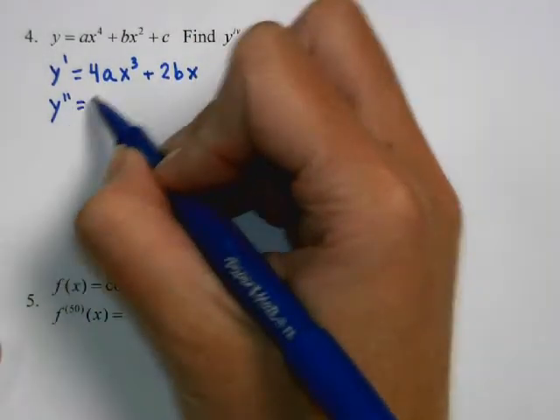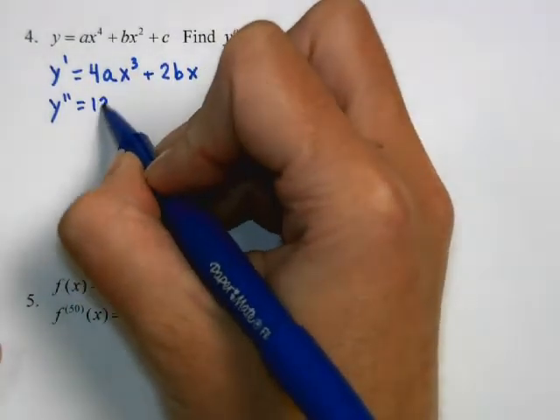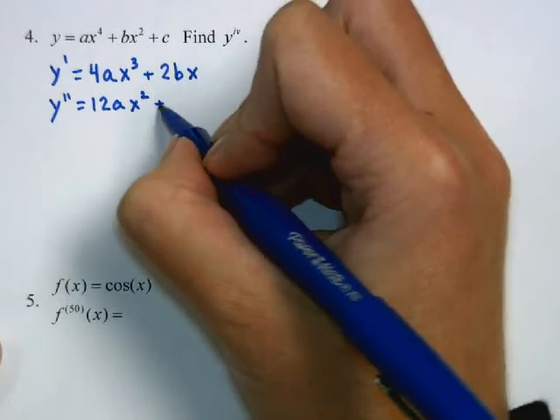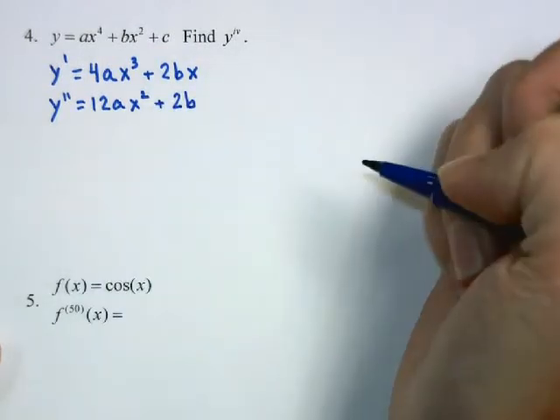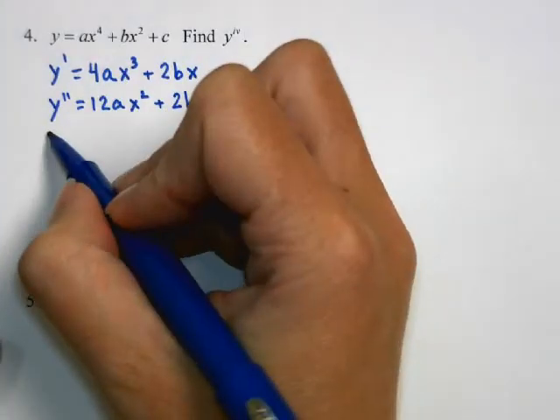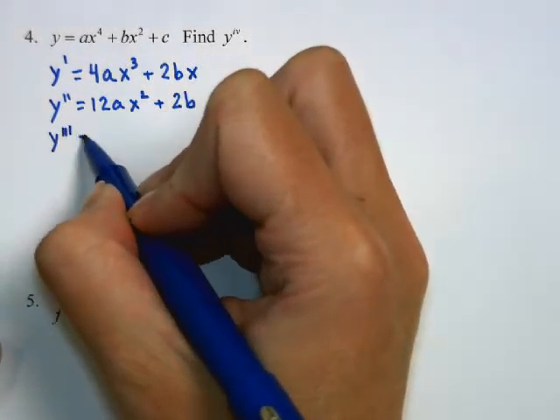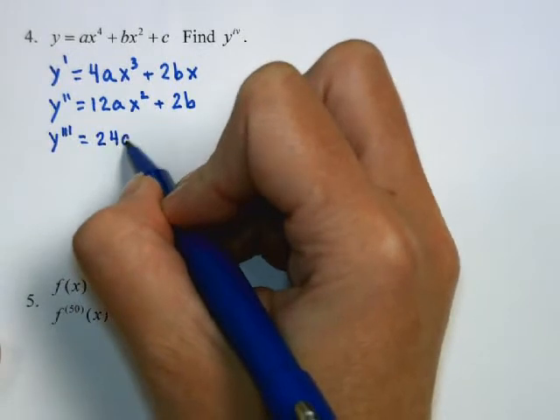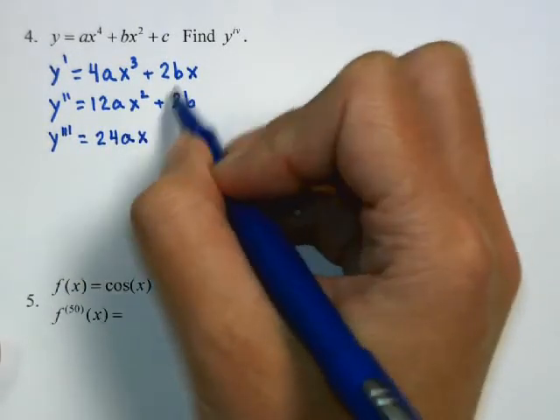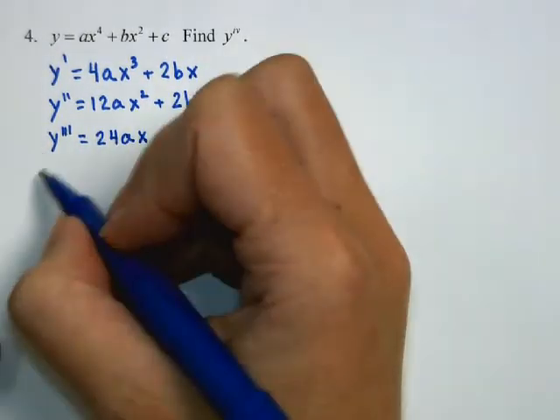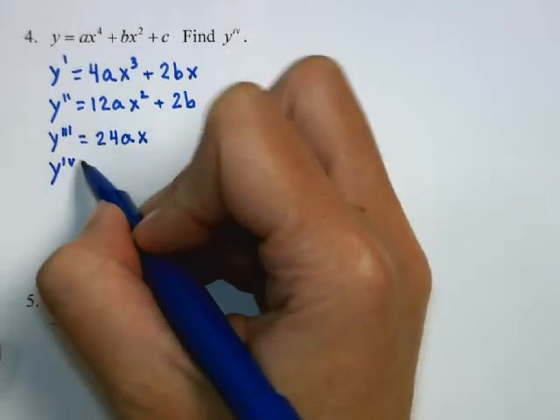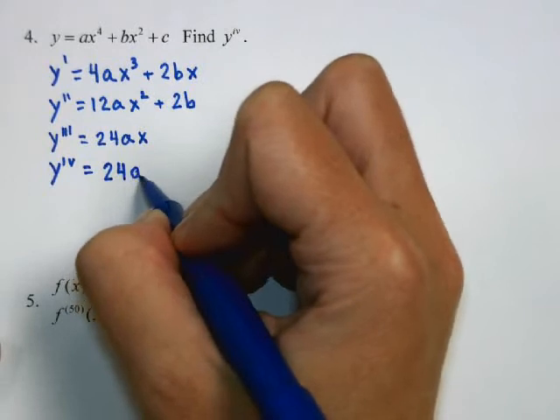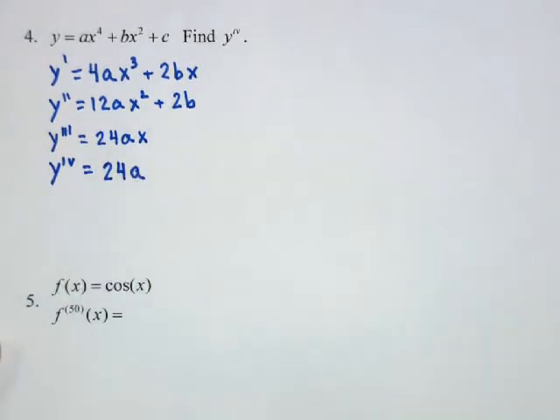Our second derivative, 3 times 4a is 12a x squared plus 2b. Our third derivative is going to be 2 times 12, which is 24a x. That's a constant, so that's gone, which leaves our fourth derivative is 24a.